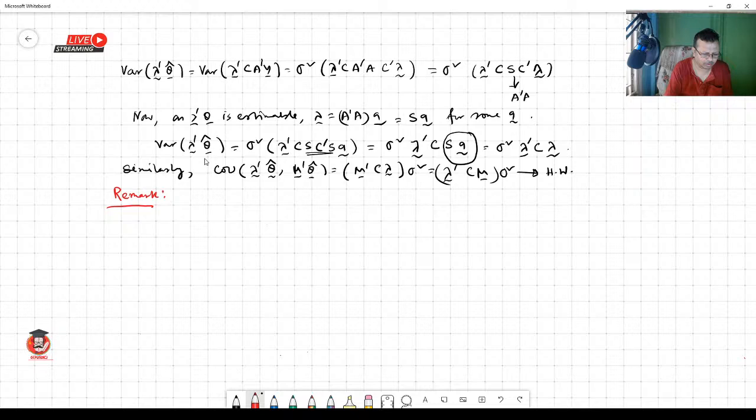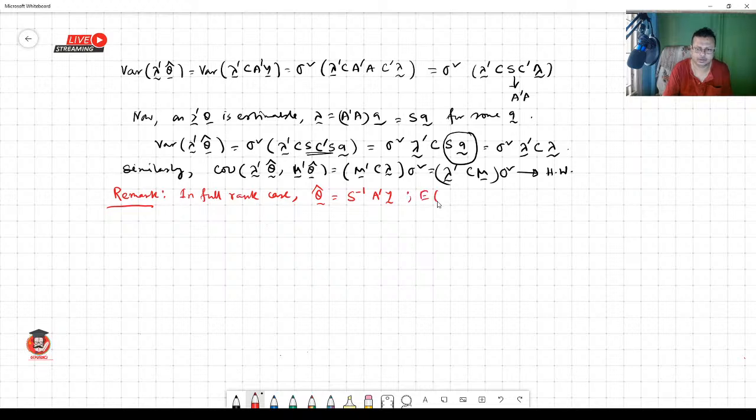In full rank case, theta curl hat is equal to S inverse A prime y curl.